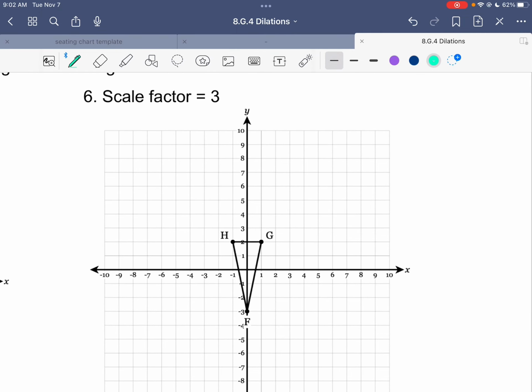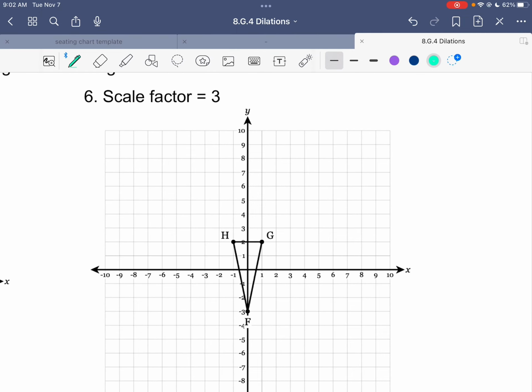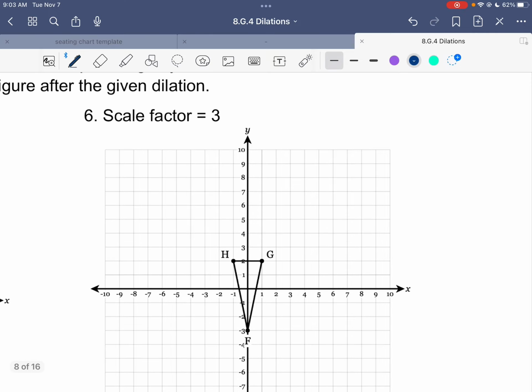All right. Our next one has a scale factor of 3. So this is going to be an enlargement. And our coordinate rule looks like this. For every x and y, we're going to multiply x times 3 and y times 3.